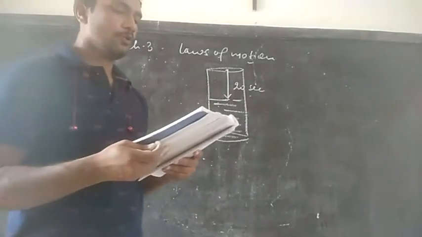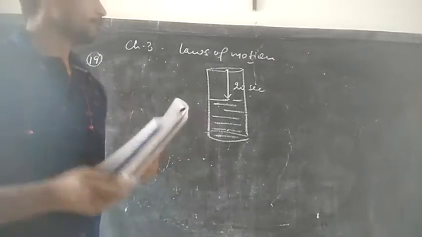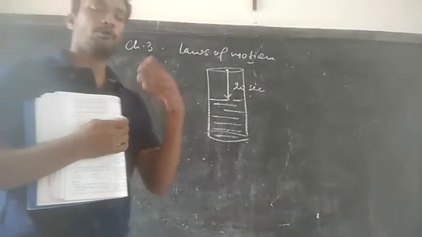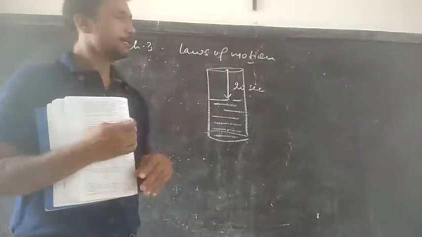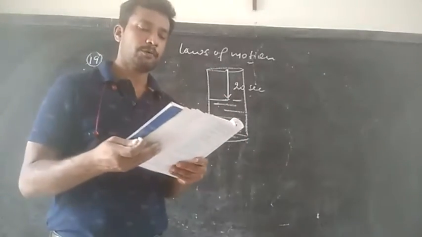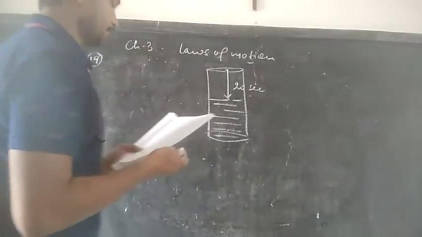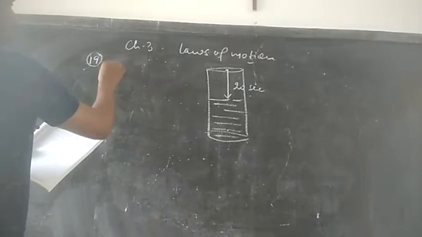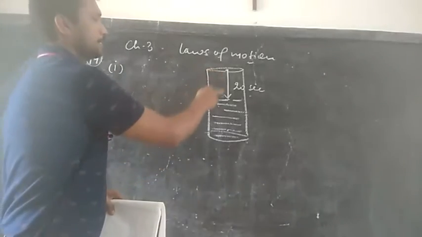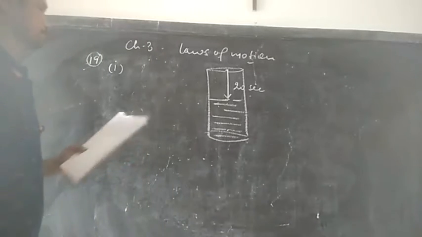Number 2, the time when the echo is heard after the pebble is dropped. When this pebble touches the surface of water, it will also produce sound, and a person can hear the echo of the sound. You have to find at what time he can hear the echo. Let's see how to do it. First of all, we will find the depth of the water surface, that is this height. The value of g is given.